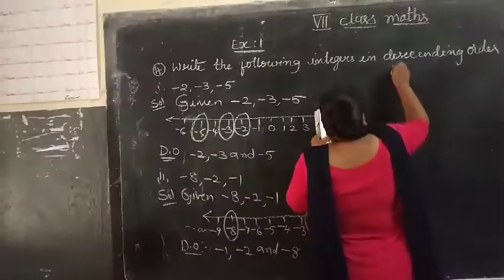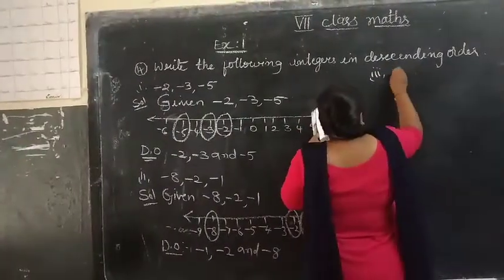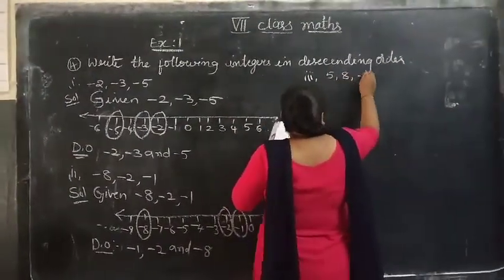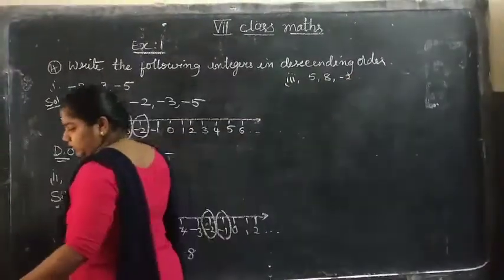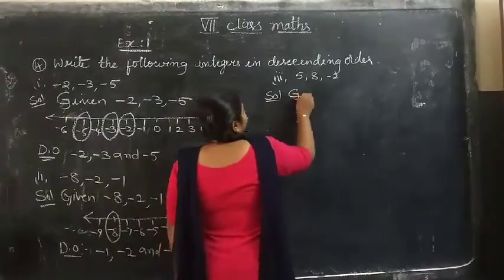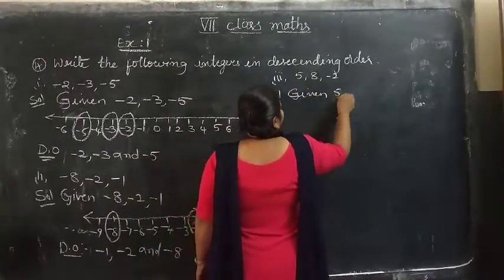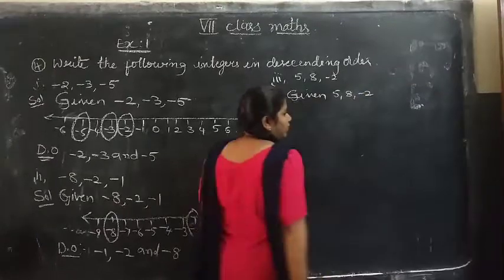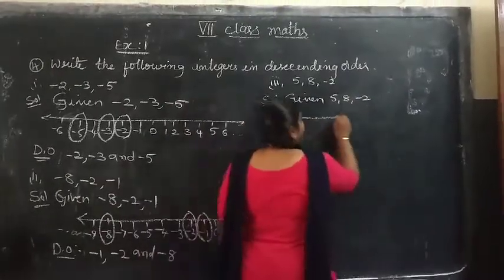Next one: 5, 8, -2. So this set of integers also we have to arrange in descending order. Given 5, 8, -2. Now draw a number line.